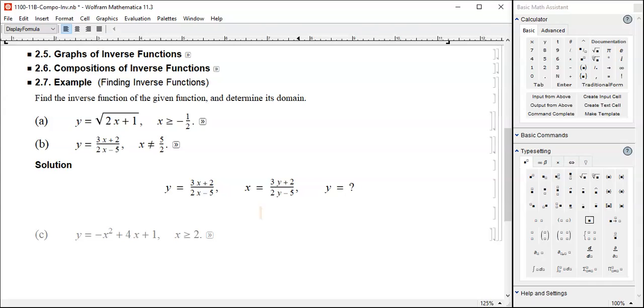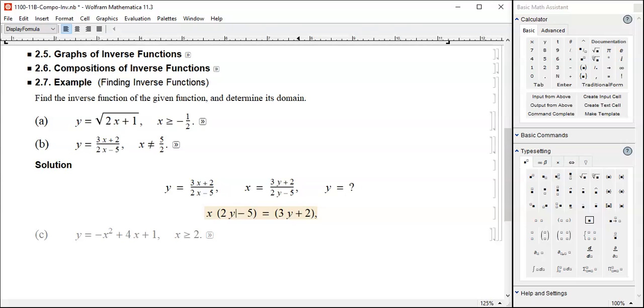Multiply 2y minus 5 to each term. This is what you're going to get. And please do not forget this parentheses. I've seen so many students missing parentheses like this and then screwing things up from here.